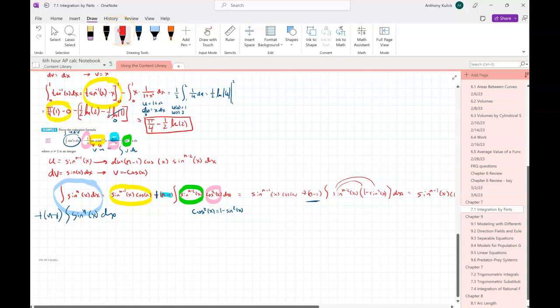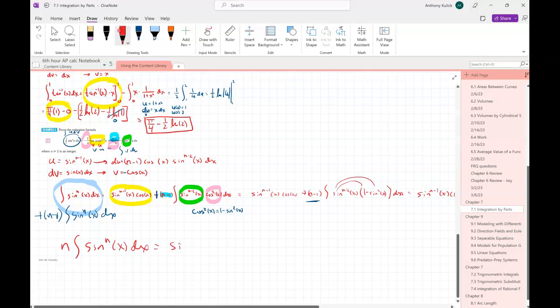So what's that give me now on the left-hand side? The integral of sine to the n dx plus n minus 1 times the integral of sine to the n dx. What's 1 plus n minus 1? N. And what's left over here?